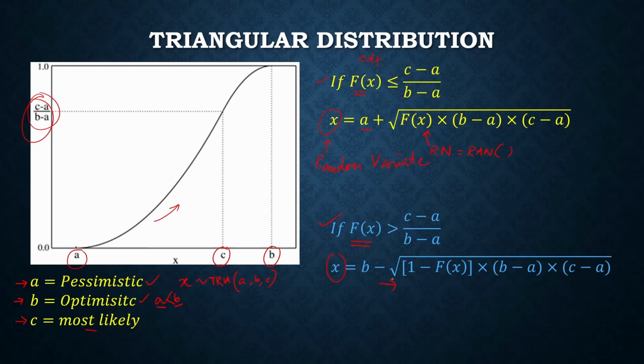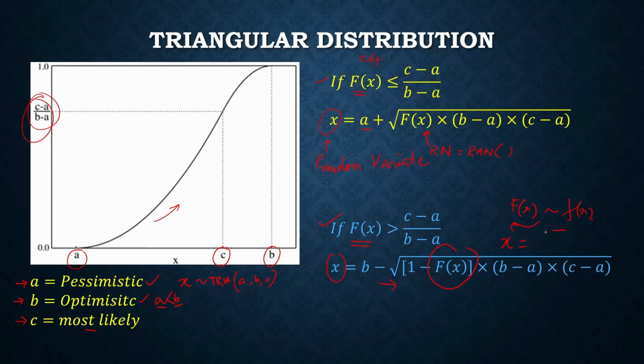So it may be a little confusing from where this formula is coming. If that is the case, you can read the texts related to triangular distribution. I am not discussing it here, because there will be an expression for Fx involving x. So it has just transformed Fx, and then it has taken the inverse.